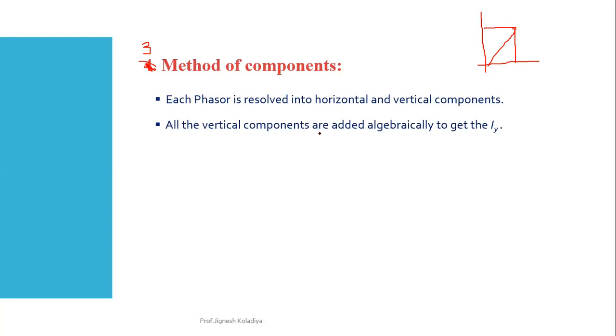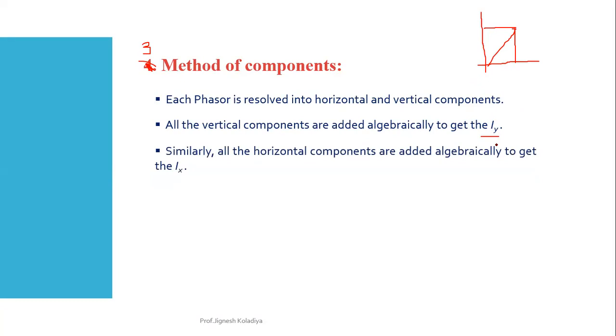All the vertical components are added algebraically to get Iy. Means one vector means one vertical component, two vector, two vertical component, three vector, then three vertical components. So as many vectors are there, as many vertical components are there. So you have to just add it algebraically in order to get the resultant.